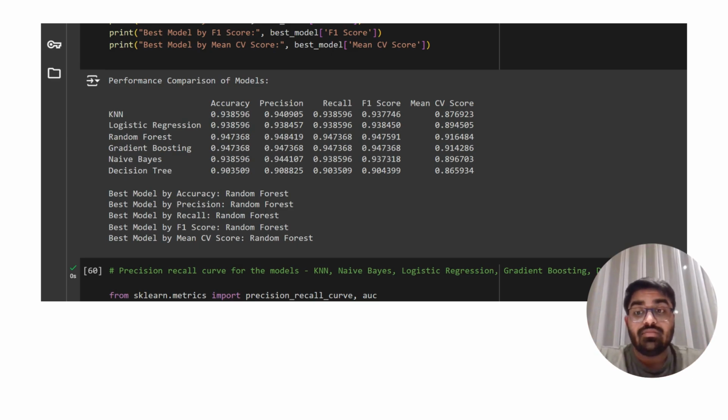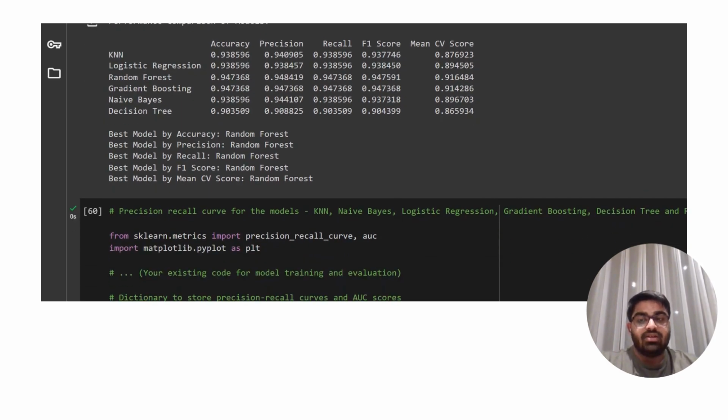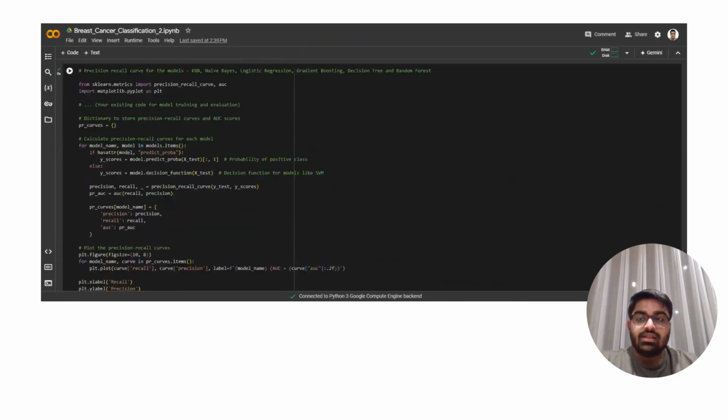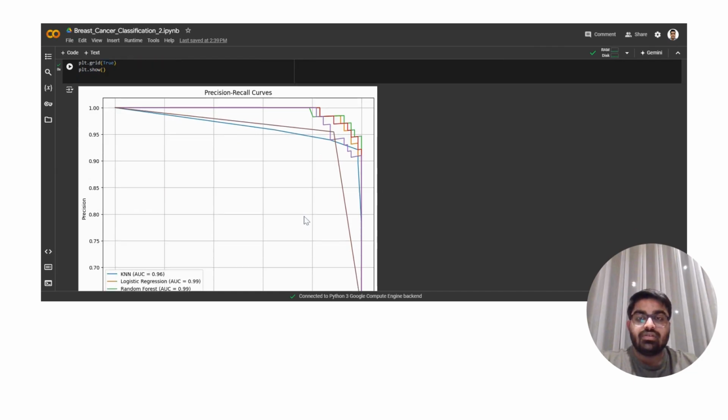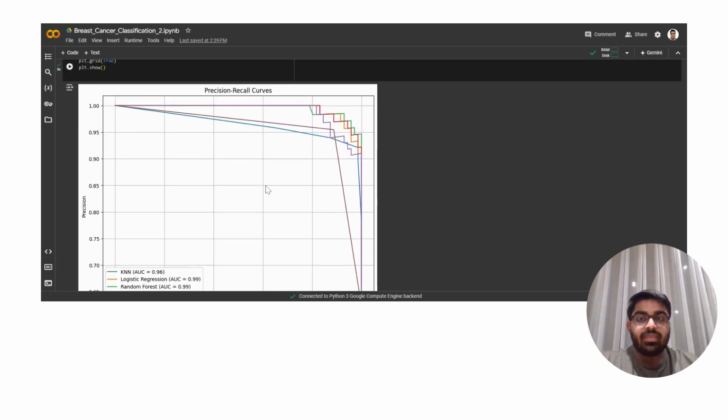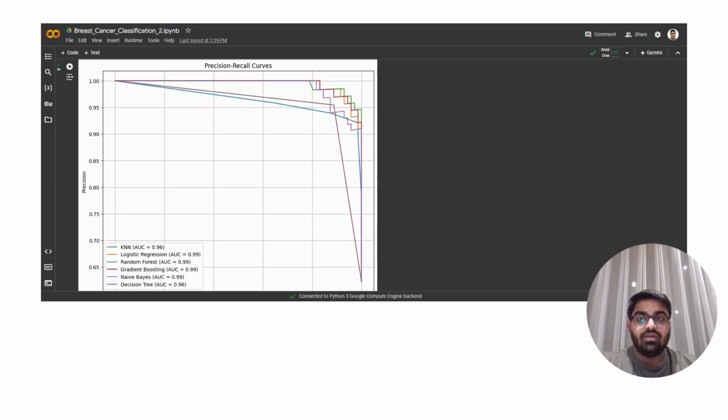However, the best model by all of the parameters was random forest, and there's no surprise because of the reasons we mentioned. Lastly, precision and recall curves for the classification models are over here.